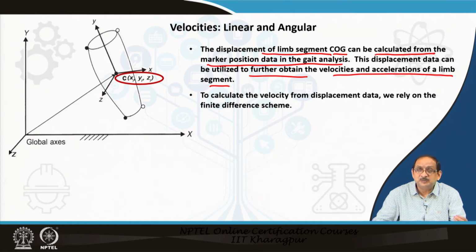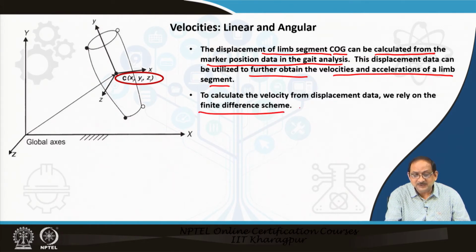So, from marker position data obtained from the gait analysis, we can calculate the displacements, and the displacement data can be further used to find out velocities and acceleration of a limb segment. To calculate the velocity from displacement, we rely on a finite difference scheme.